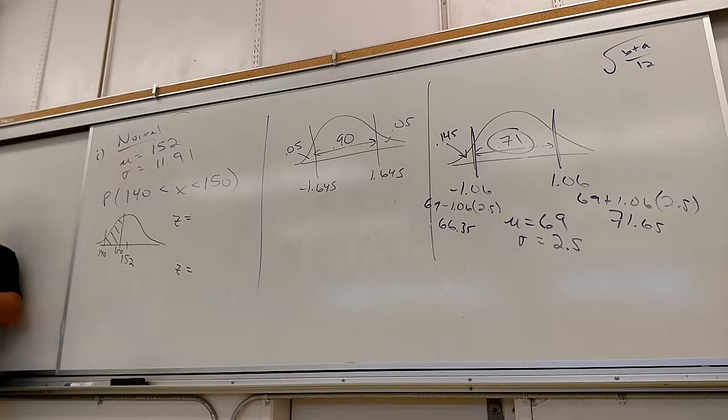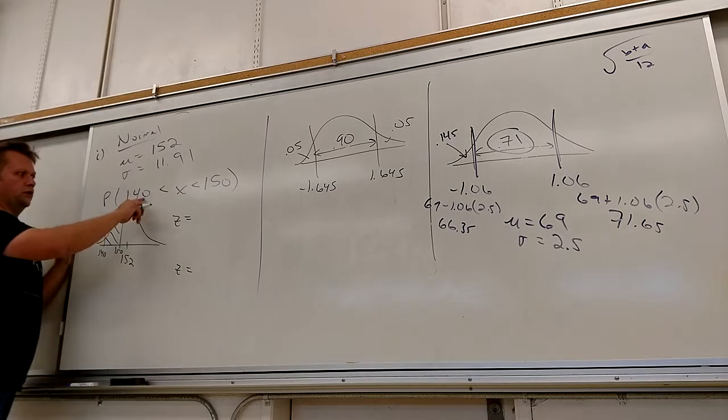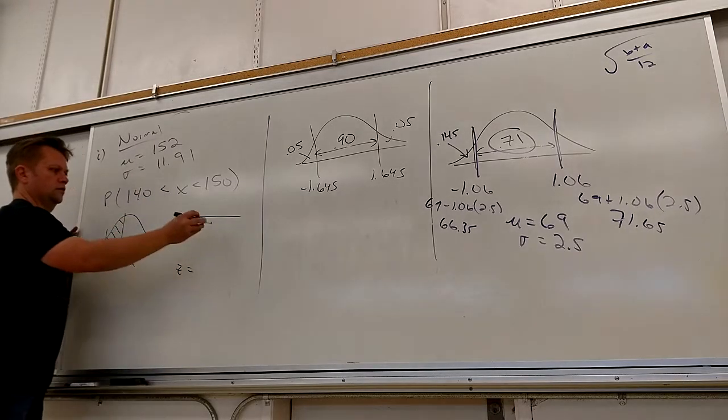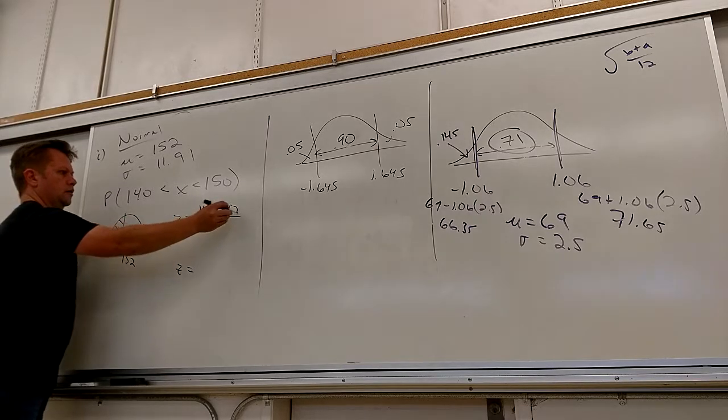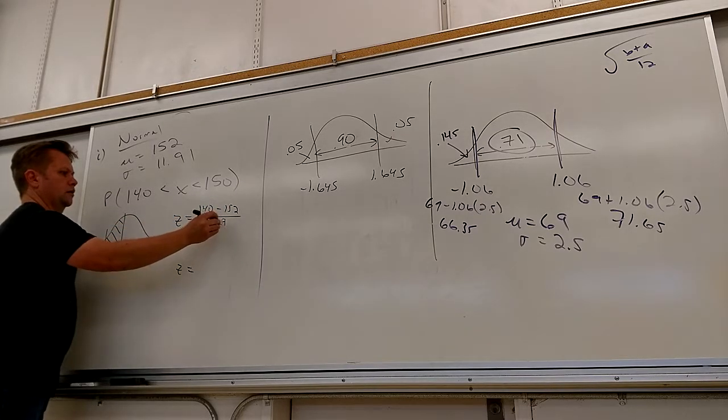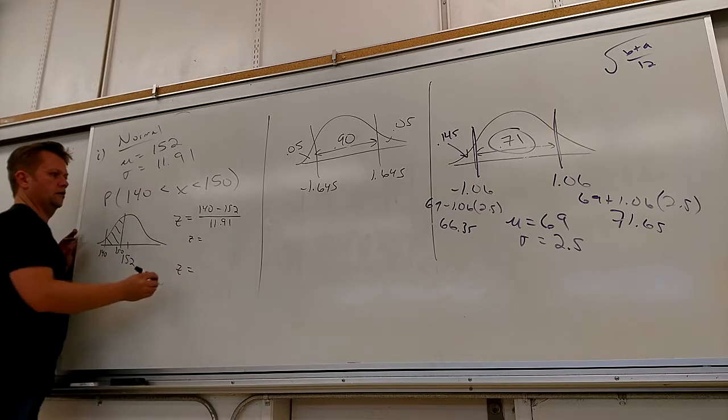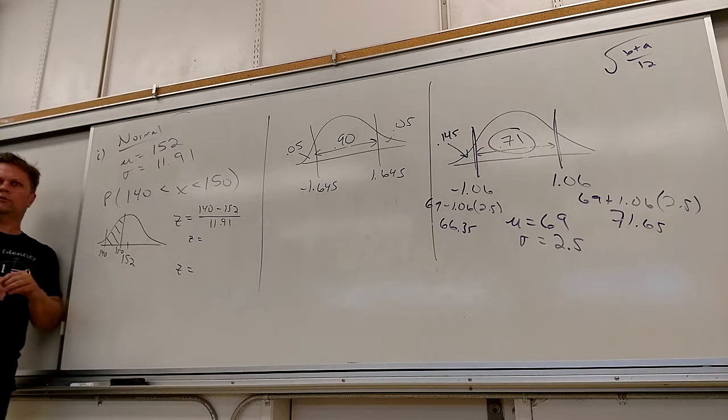This is one of the more important problems right now, to be honest. So how do we make 140 into a z-score? Could be very wrong.